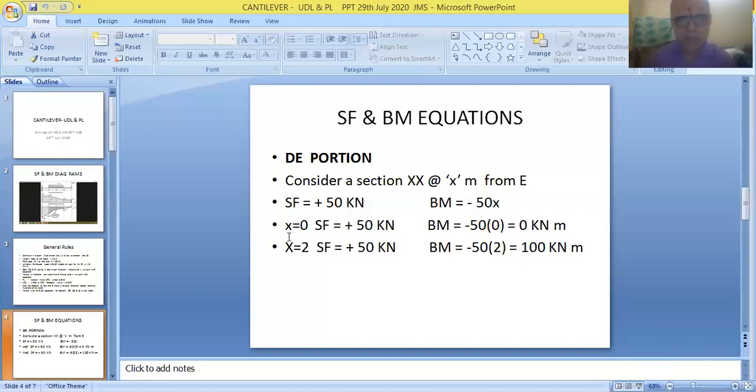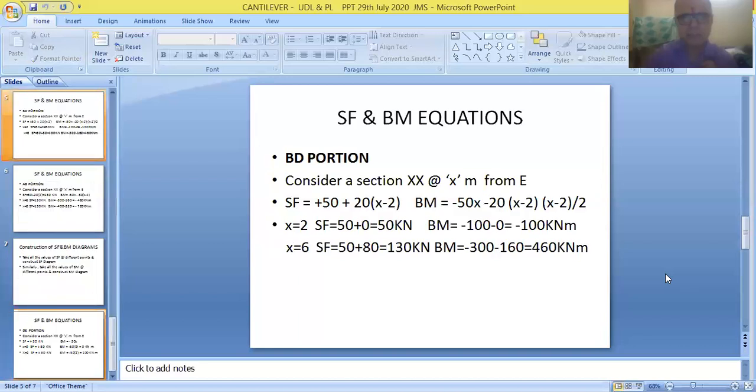Substitute the value of x as 0 in this equation, bending moment will be coming to 0. Take the value of x as 2 meters in this equation, so it will be 50 into 2, so it will be coming to 100 kilonewton meter. So friends, these are the calculations as far as DE portion is concerned.